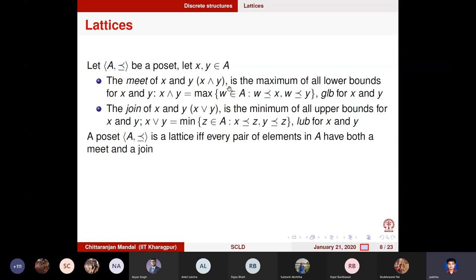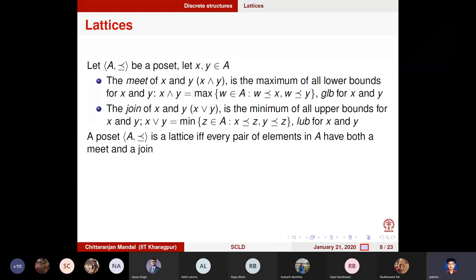I call a third element the meet of X and Y, denoted by this symbol, X upper hat Y. Okay, so it is the maximum of all lower bounds of X and Y. So you take the lower bound of X, you take the lower bound of Y, and your X hat Y, the meet of X and Y, is nothing but the maximum.